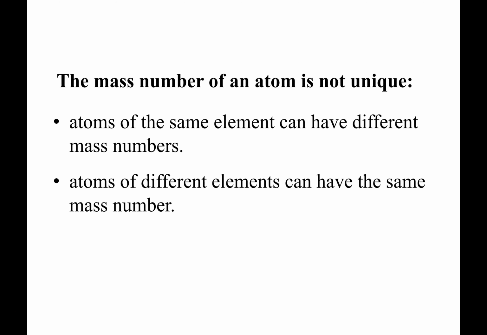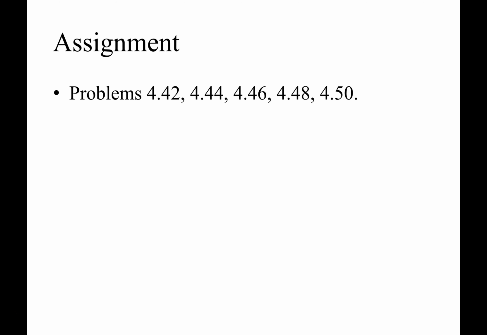Now, I'm not saying that it can be 16, it can be 23, it can be 51 neutrons in a phosphorus atom. No, Mother Nature doesn't work like that. But it can vary, and scientists know what sort of variation we have out there. So that's how they have different mass numbers.